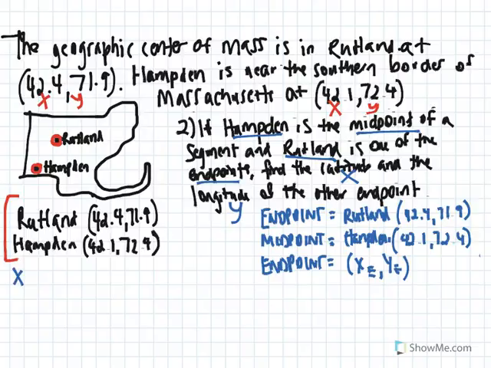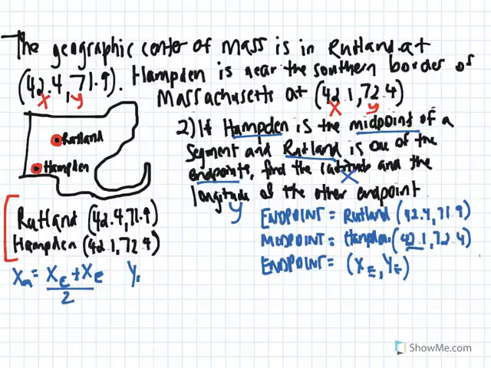Okay, so we have x midpoint equals Hamden. So x midpoint is going to equal 42.1 plus x. Oh wait, I'm so sorry. I'm going to write the formula out first, okay? So we have x midpoint equals x endpoint plus x endpoint all over 2.